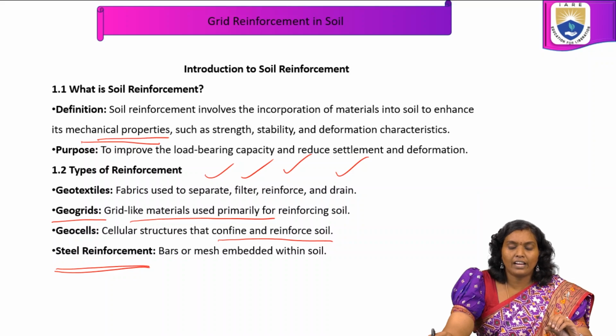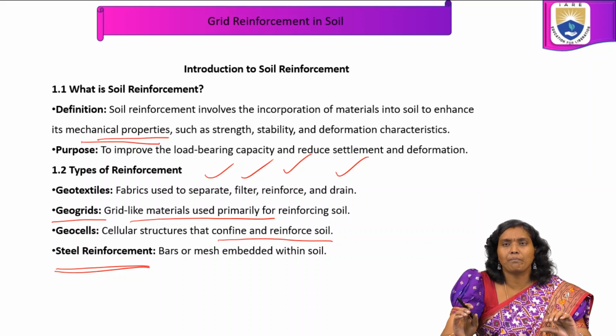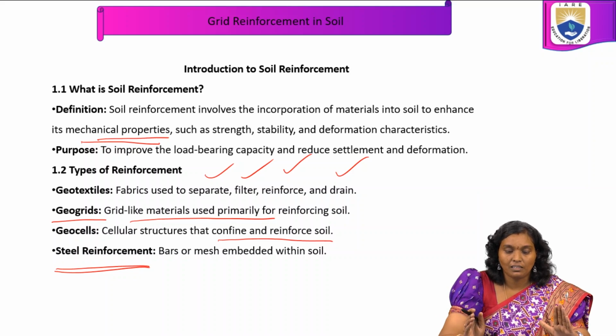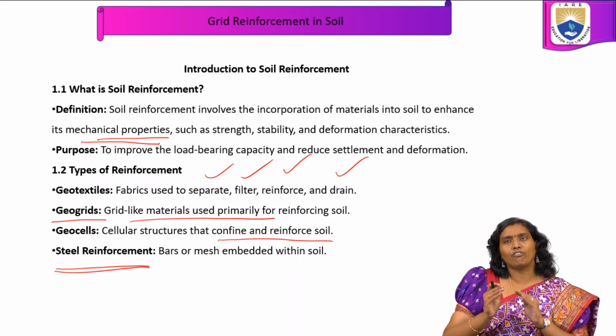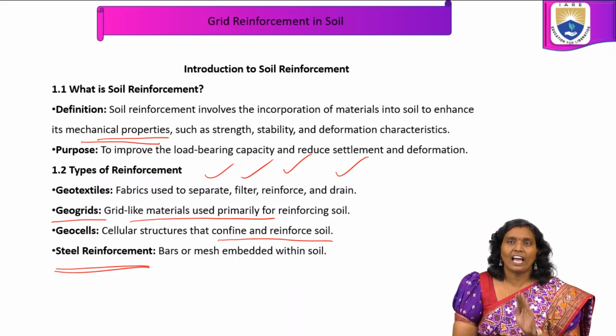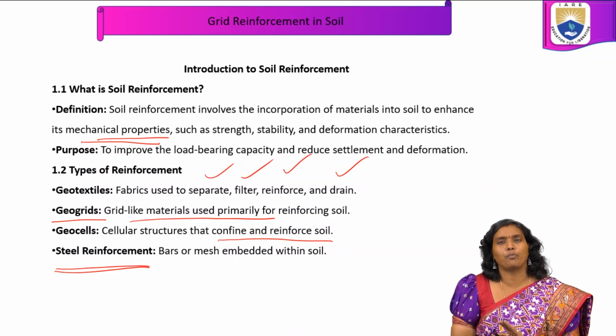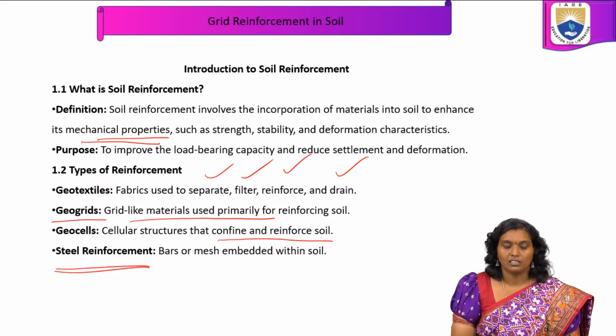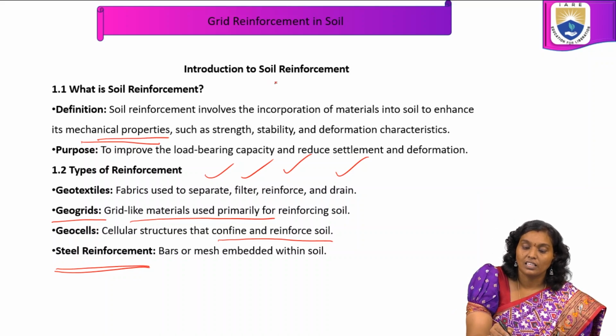In steel reinforcement, bars or mesh embedded within the soil are used for getting the desired soil properties. It involves many different materials to enhance the various mechanical properties of the soil. So that is soil reinforcement.